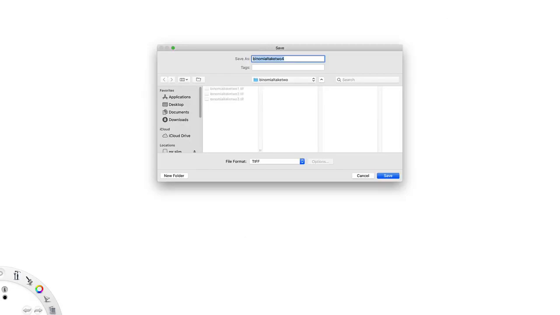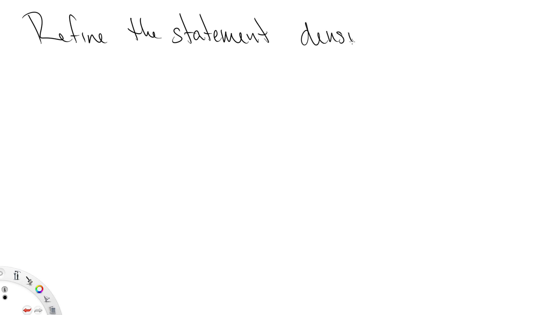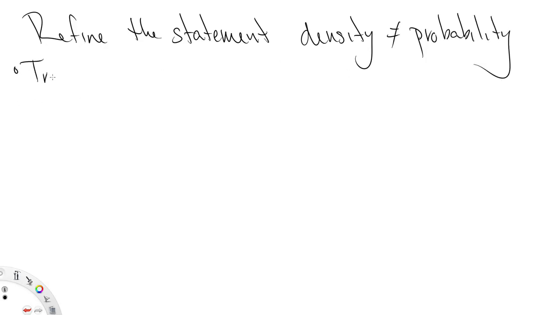Okay, so let's move on to refine the statement. Density not equal to probability. So we should note right up front that I haven't completely lied to you.